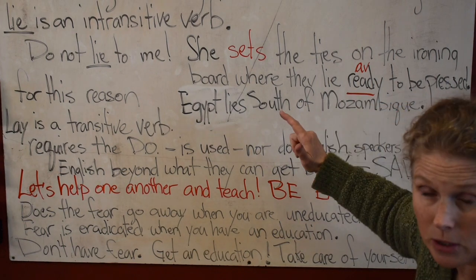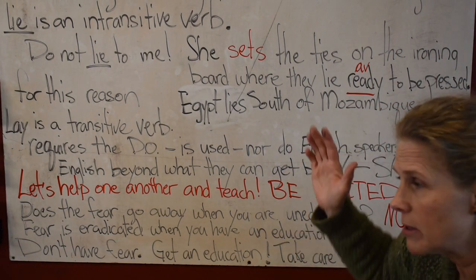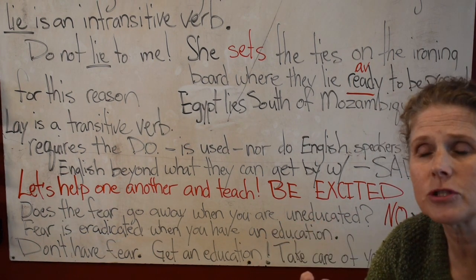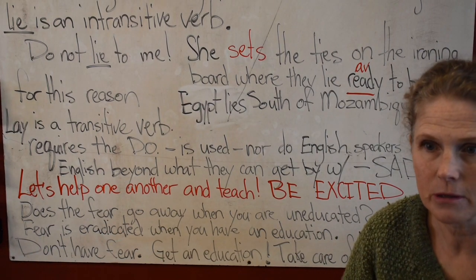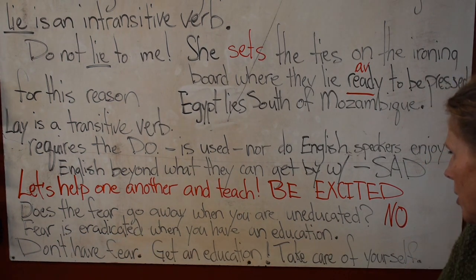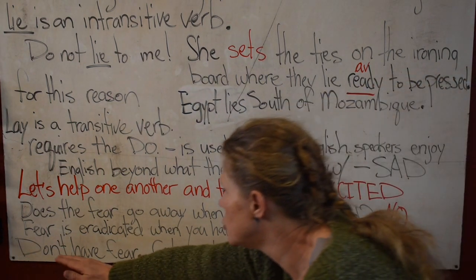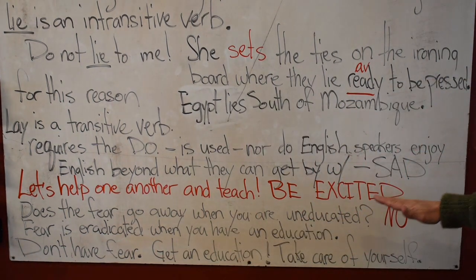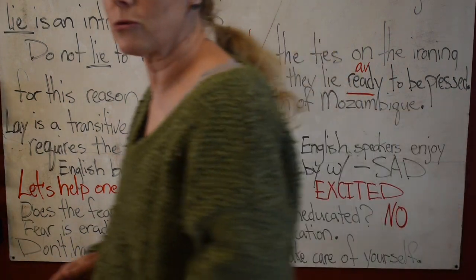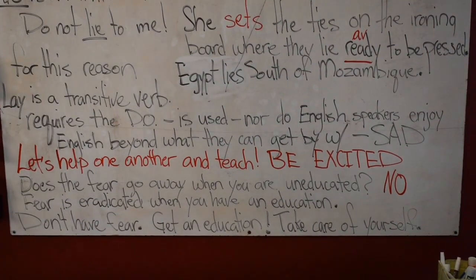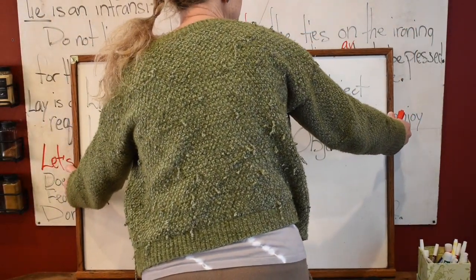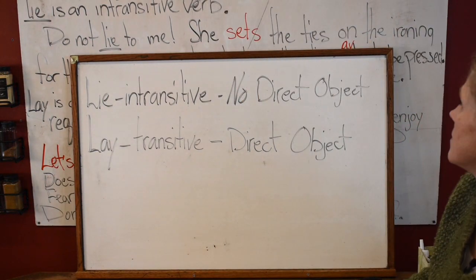I'm talking about your grammar and writing and English, but you also need math. Those are your two main things. If you have those two things, you can go into any field and then get an education in the field that you really need and what you are passionate about. So don't have fear, get an education, and take care of yourself. Okay, boys? That's for you. Don't have fear. Get an education, take care of yourself, boys. Because then you can take care of other people when you do that.